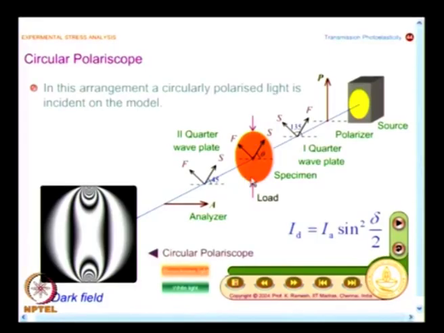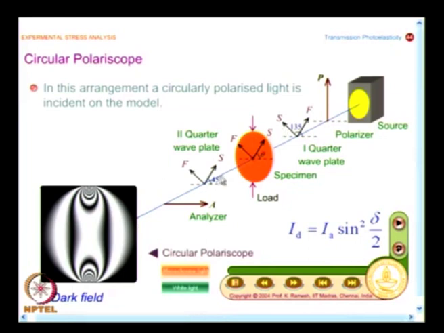Now, let us understand the case when the model behaves like a full wave plate. Whatever light is incident on the model, it will come out with the same characteristics. I send circularly polarized light, then I get circularly polarized light coming out, and this light hits the second quarter wave plate. And this is where you have to note down the advantage of keeping these two quarter wave plates crossed.